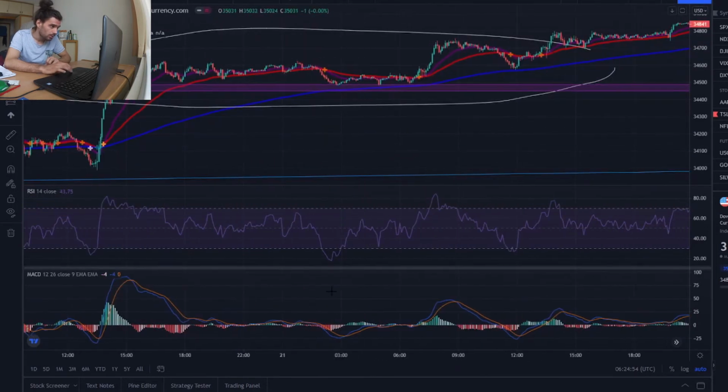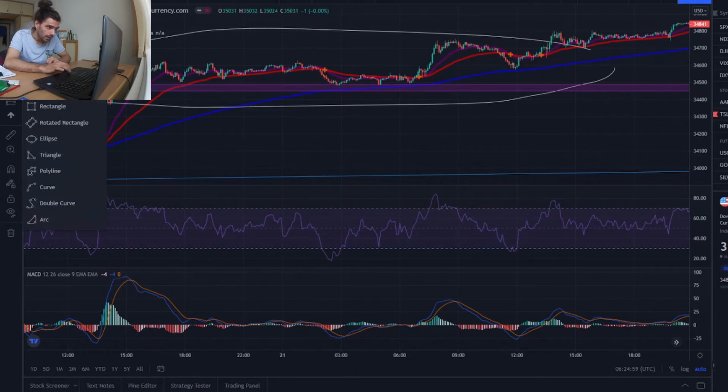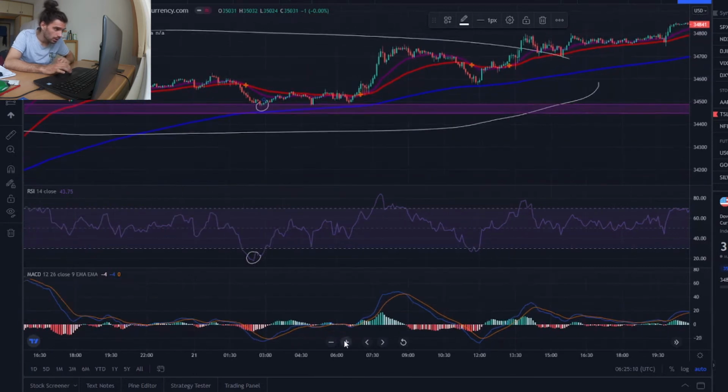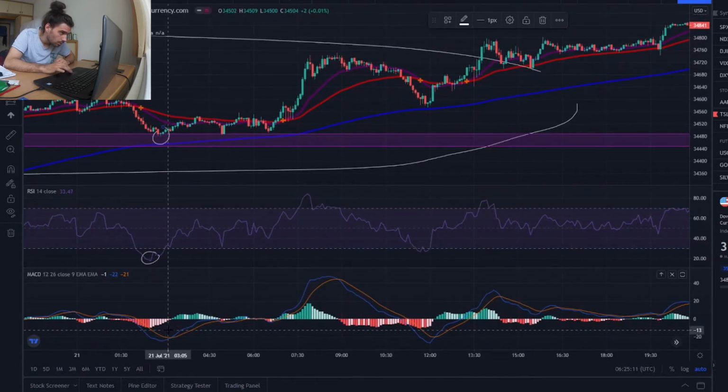And the second one was the RSI being pretty low, which happened here. So this would be here, and the second or the third or fourth, depends on how you look at it, was the crossover between the long and short line on the MACD, which happened here. So this would be this candlestick on the 5-minute chart.